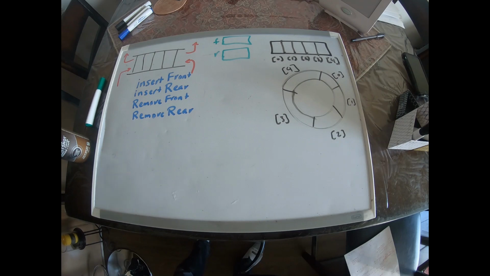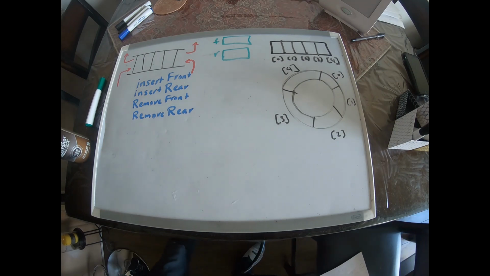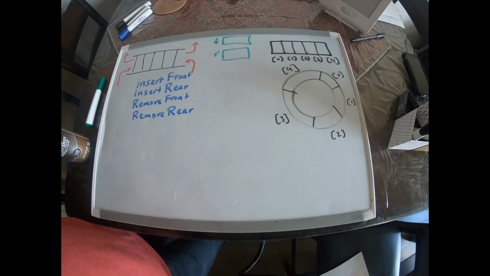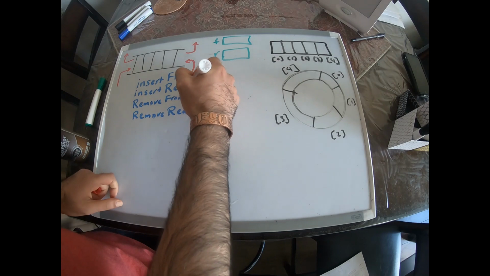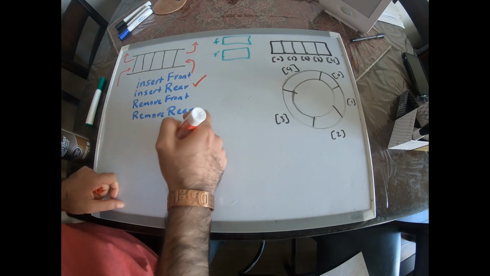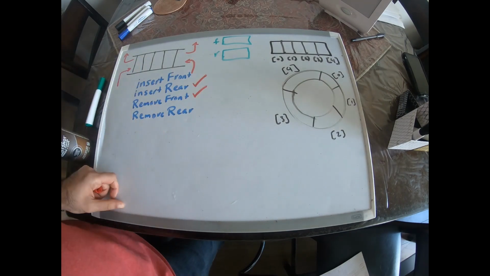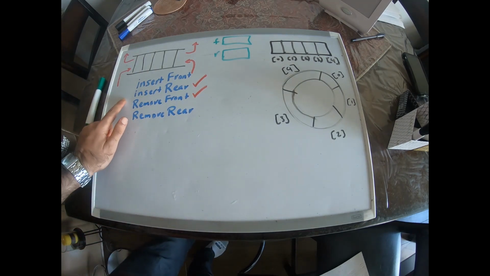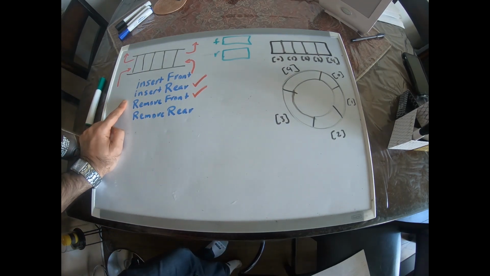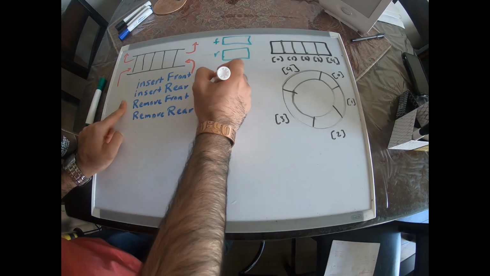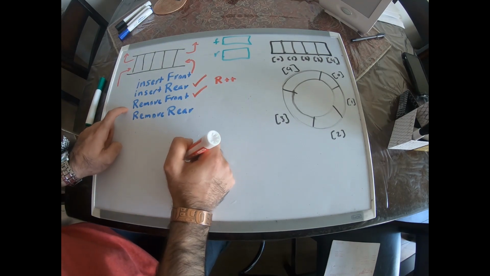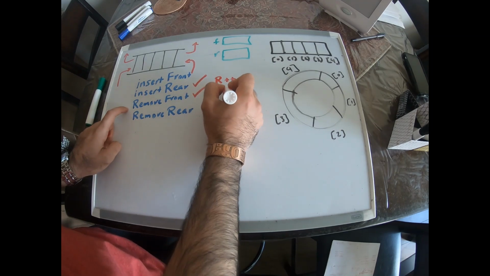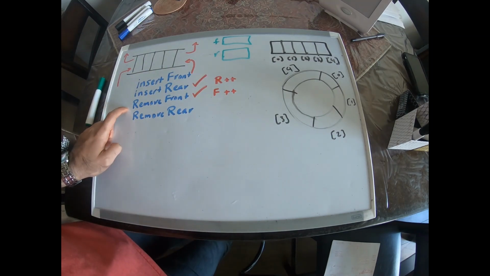Everything hopefully makes sense. If you remember, when we talked about queues, we already implemented insert rear and remove front. When we wanted to insert at rear, we just incremented rear all the time, and when we wanted to remove from the front, we incremented front.